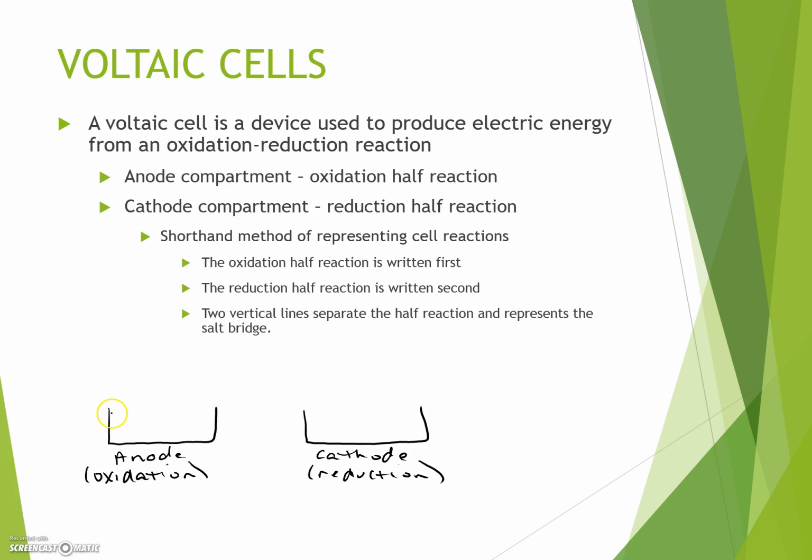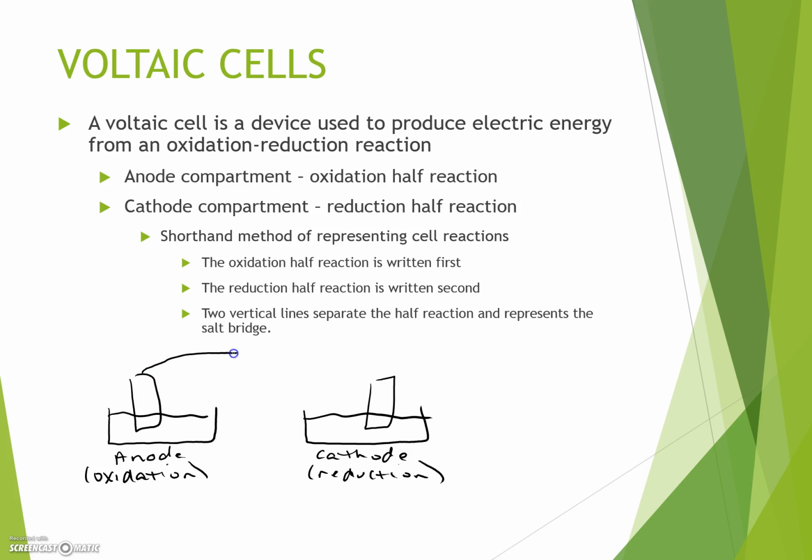And traditionally, when we look at voltaic cells, what we have are two solutions that contain ions, and they typically have two metal strips submerged in those solutions. And the atoms in the metal strip are the same as the ions that are found in the solution.